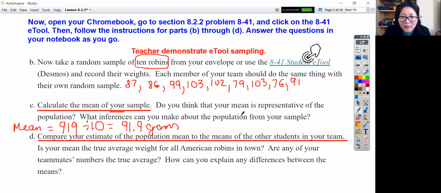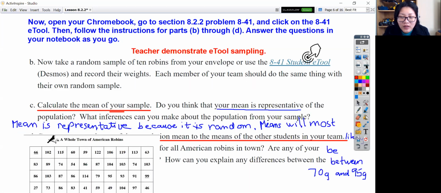Okay? All right, question C still. Do you think that your mean is representative of the populations? What inferences, predictions can you make about the population from your sample? Okay, and this is not a very good one for us because we don't have many data. We only have one data from the teachers, so we should have a lot of data.